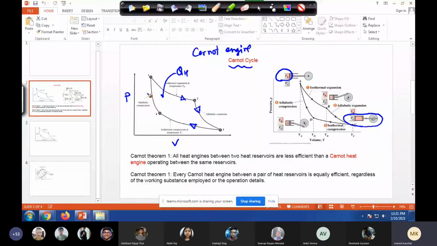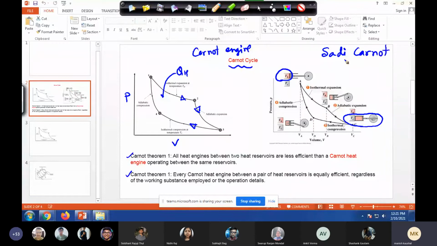First of all, we are going to see the efficiency of the Carnot cycle, and then we'll see Carnot theorem 1 and Carnot theorem 2, and then you will get to know why there is a need to define a Carnot cycle. The Carnot cycle was defined by this great guy, Sadi Carnot. He was a French military engineer.